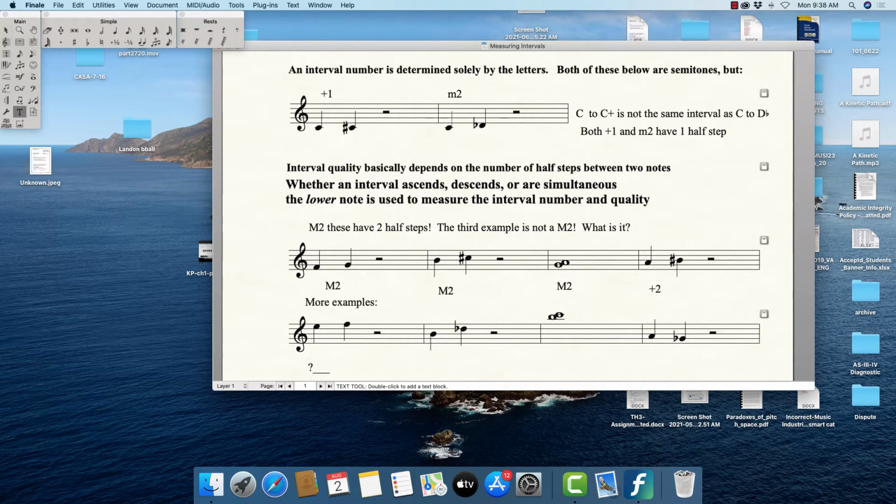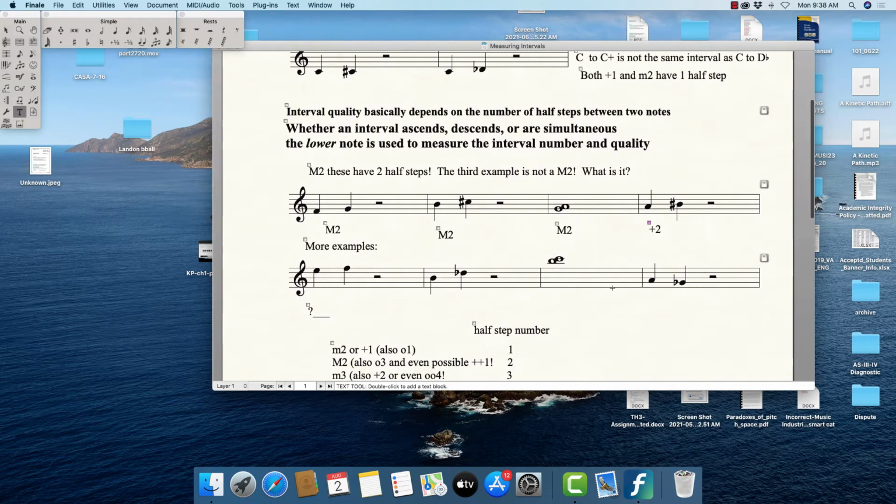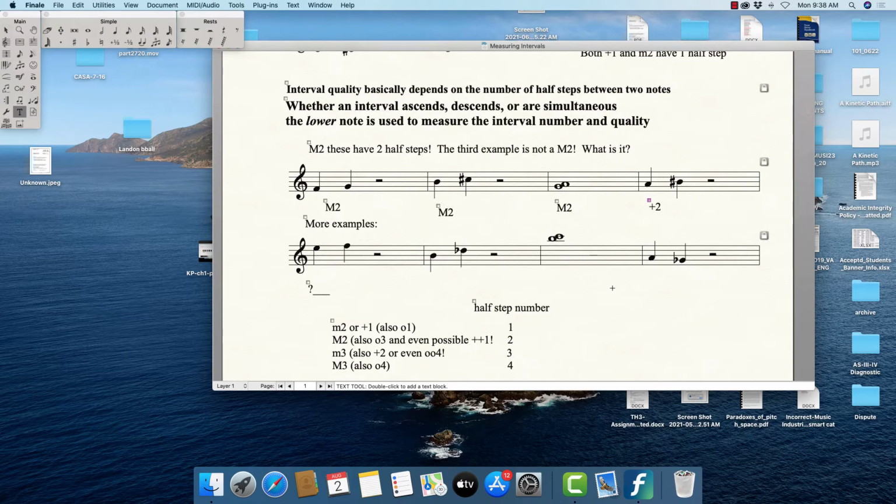Okay, so that's what we're doing. We got to understand that if something's larger than the major type, it's an augmented. If it's smaller than the minor type, as we will see, then it's going to be diminished. So majors have different categories, okay? 1 half step bigger than a major makes it an augmented. 1 half step lower than a major second would make it possibly a minor second, right?